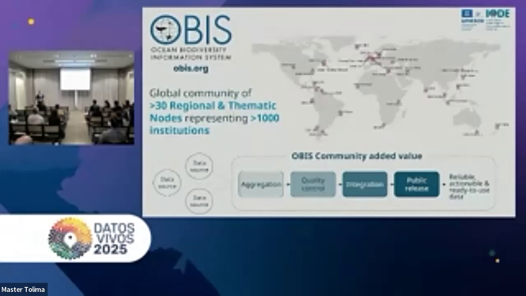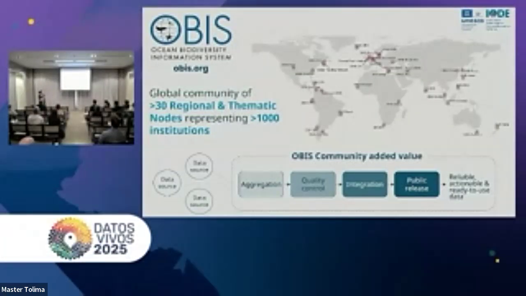So very brief background. I think most of us in the room probably are familiar with OBIS, but just in case, a very brief background. OBIS, we are a global community of more than 30 regional nodes and over 1,000 institutions across the world. This is our map of all the nodes. And one of the interesting things with OBIS is that there's a lot of added community value with the data.